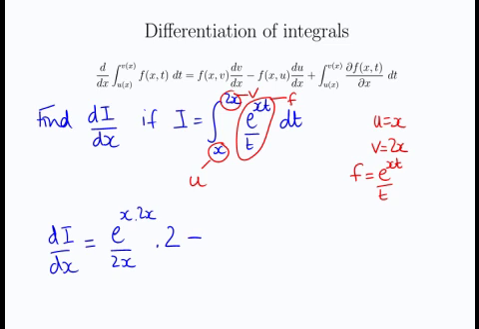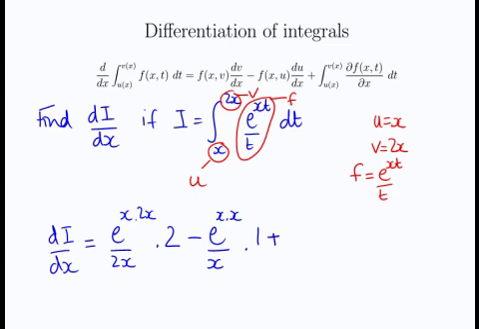And then I do the same, subtracting, but in this case with f evaluated at x, u. So now t is equal to u, which is x. So that's e to the x times x divided by x. And I'm multiplying by the derivative of u with respect to x, which is just 1.